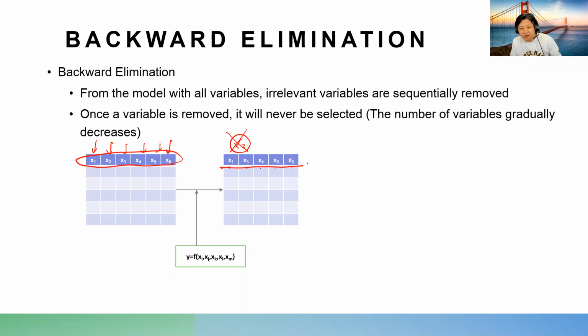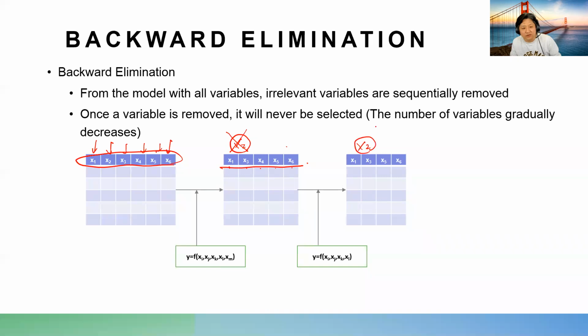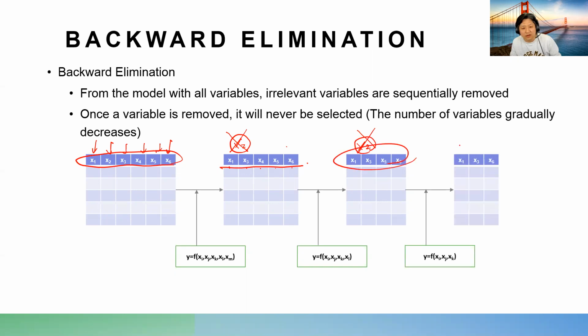And then do this process again. Okay, and then we remove one by one, and then test it. And then, okay, now x2 is not significant, so we remove it. And then test it again. Okay, and then x5 is not significant, we remove it.